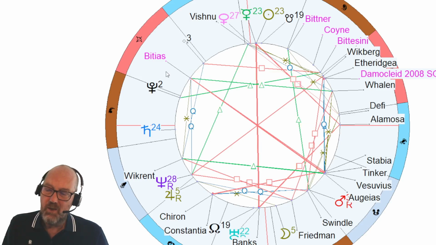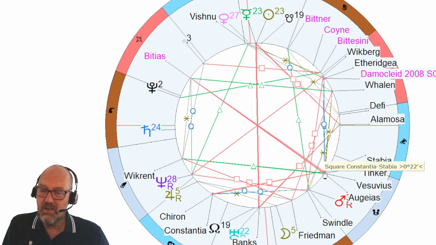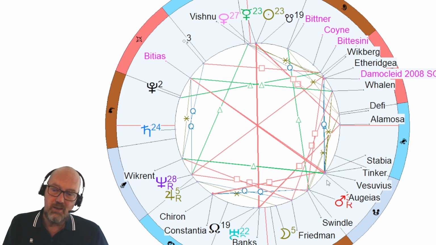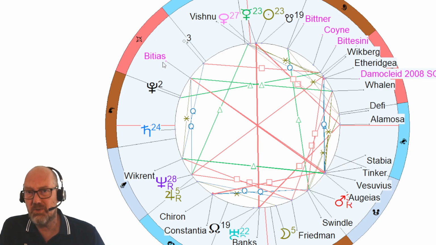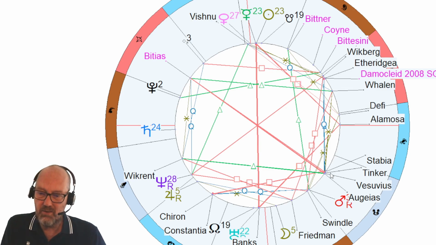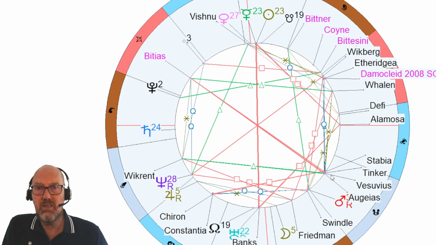But another sign that an asteroid is influential in a chart is by looking at the aspects it makes, of course. In the case of Bitias in this chart, I said, okay, I cannot find a lot of stuff, but I'm assuming that Bitias is important in this chart, and therefore I will simply look at the point of opposition, which is here, and then I will see what I can find there.